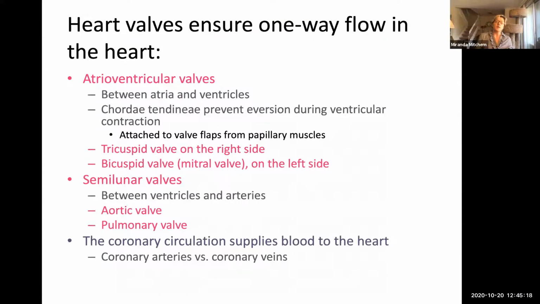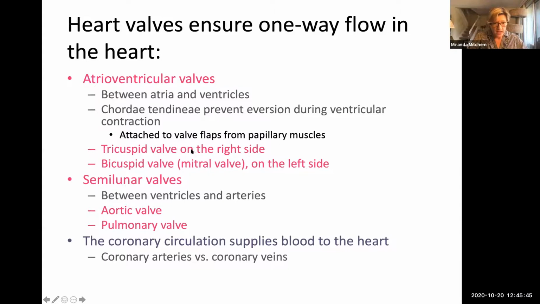Okay, so let's summarize those valves again so that you can see the names. We have 2 types. We've got the atrioventricular valves, the AV valves, that separate atria from ventricle. And then we have the semilunar valves, and we have 2 of each type. We've got the chordae tendineae, and these are those strings that attach to the papillary muscles.